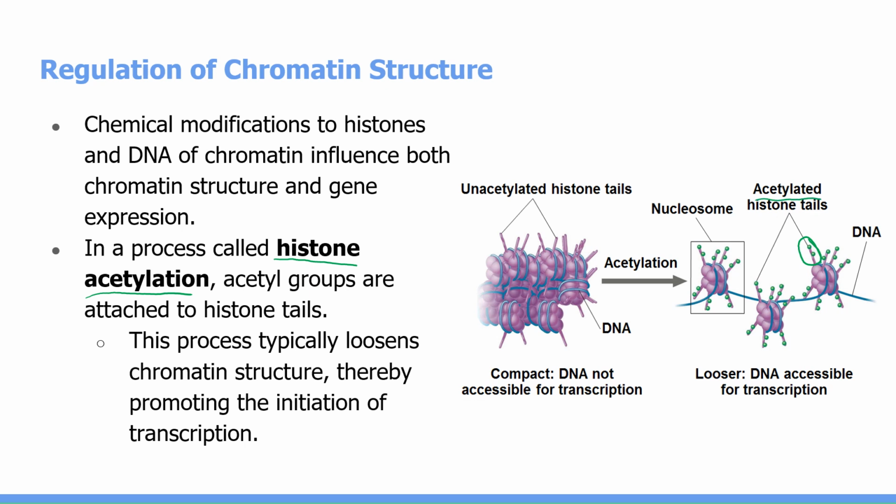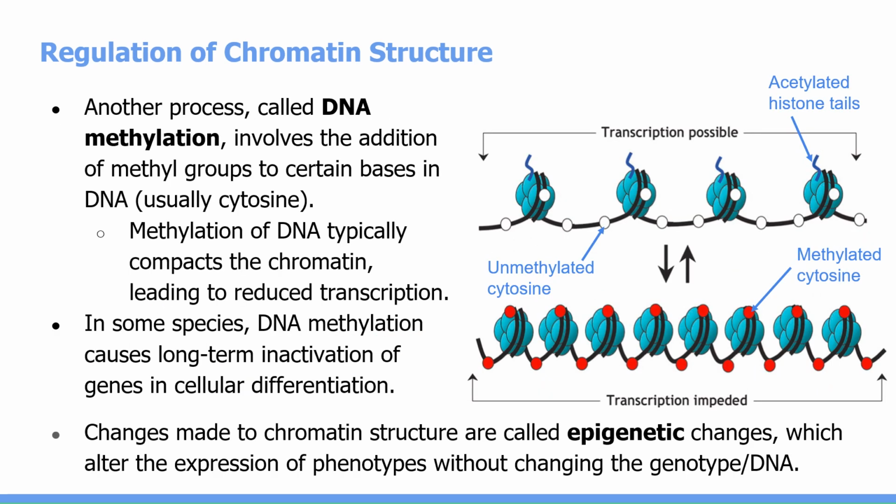An acetyl group is added, so that is the CH3 group. And so again, the acetyl groups are attached to the histone tails. So this process loosens chromatin structure and thus initiates transcription.